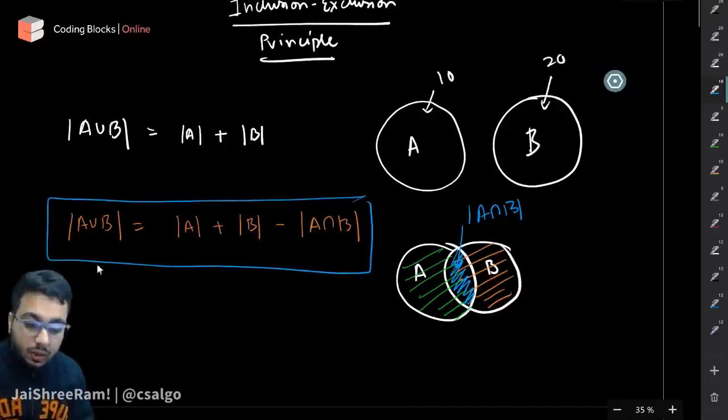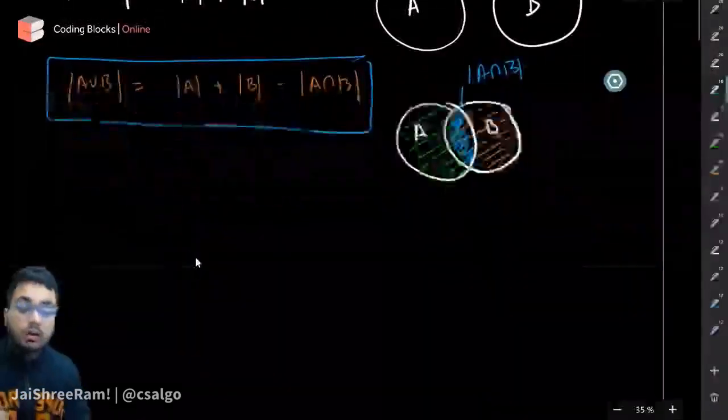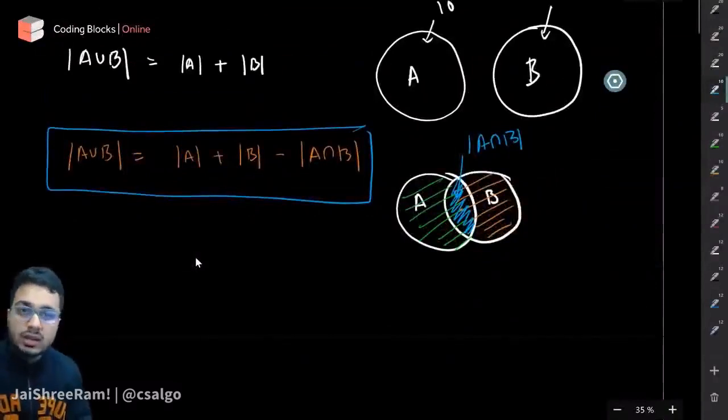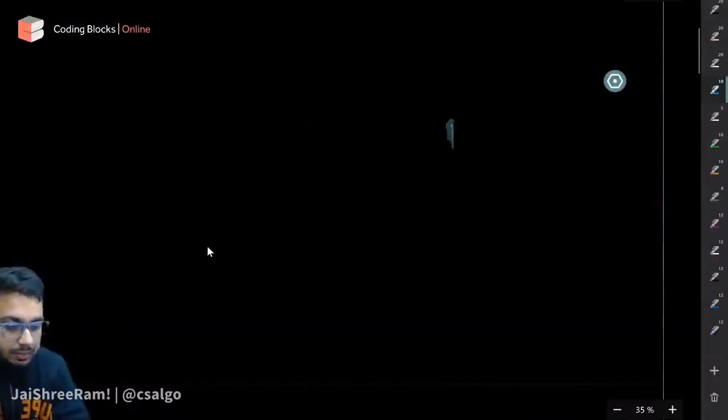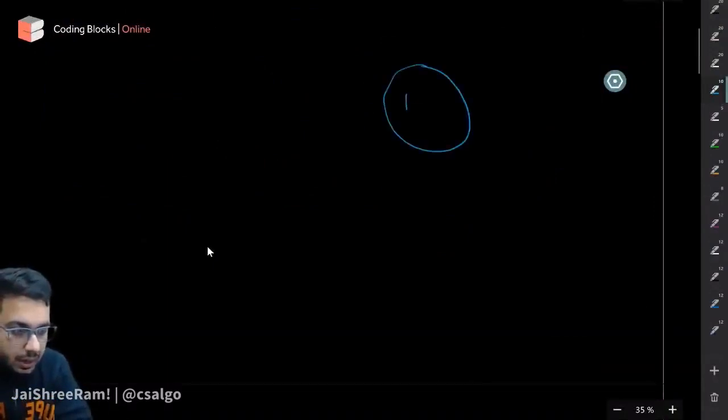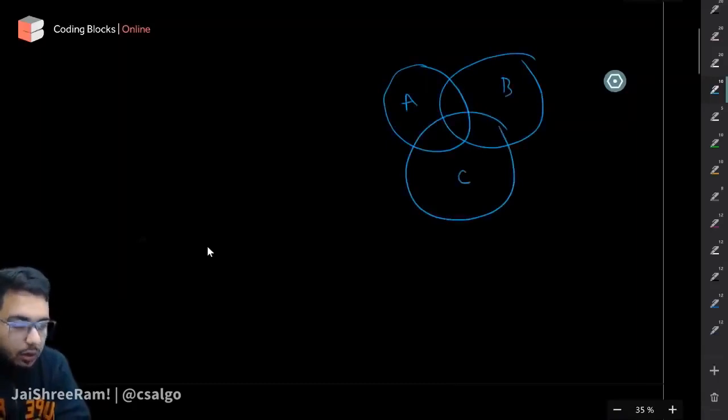This formula has been written for two sets, but there can be more sets. So let us say you have three sets. One set is A, one set is B, and one set is C, and you want to find out the union of all these sets.